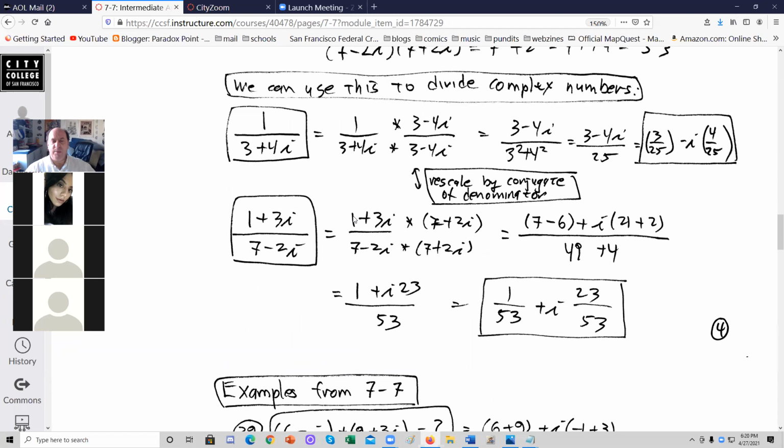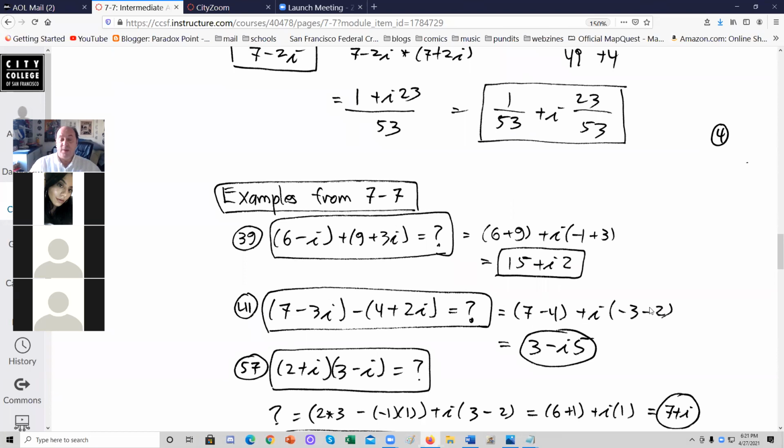Now in the top, 1 times 7 is 7. 3i times 2i is minus 6. 3i times 7 is 21i. 1 times 2i is plus 2i. And in the denominator, 7 minus 2i times 7 plus 2i is 7 squared plus 2 squared. So in the numerator, 1 plus I times 23 over 53. So 1/53 plus I times 23/53.